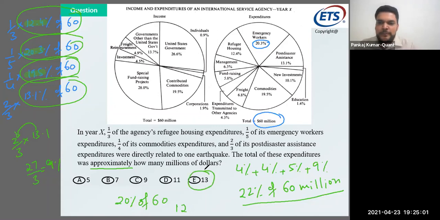Are you guys clear what I'm saying? You're not even calculating 22% of 60 million, you're calculating 20% of 60, and that is 12. So definitely the answer is going to be more than that. And that is 13 from the options.